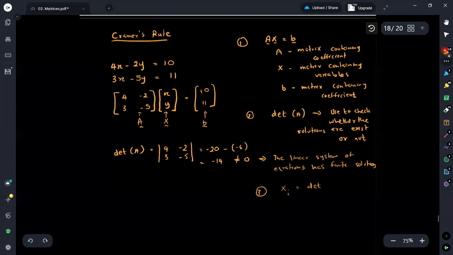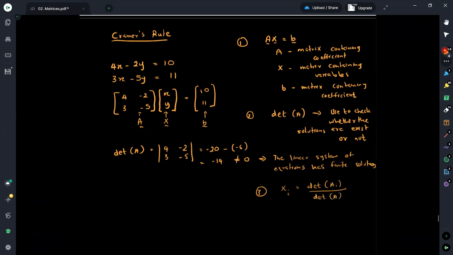We take the determinant of this Ai matrix and divide it by the determinant of A. Now we have identified that the determinant of A is equal to minus 40. Now we have another problem: we need to take the determinant of Ai, but we still do not know what is meant by this Ai.